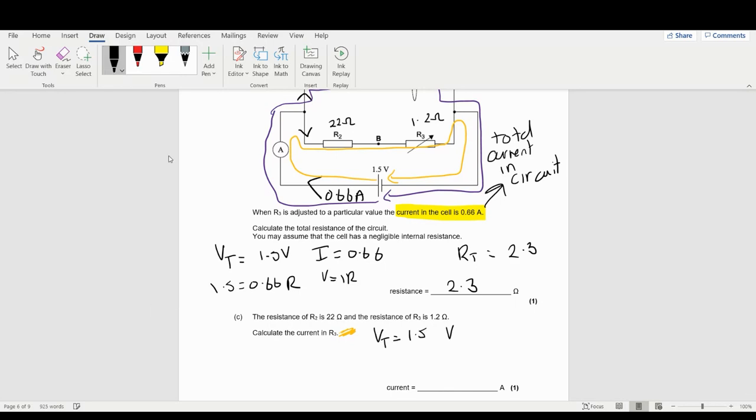And the total resistance for that section, A to B, is going to be 22 plus 1.2, so that's going to be 23.2. So V equals IR, so 1.5 is I times 23.2. Your current is going to be 1.5 divided by 23.2, which is 0.0647.